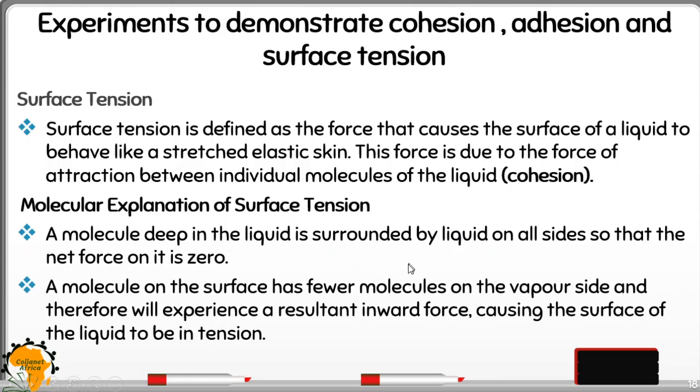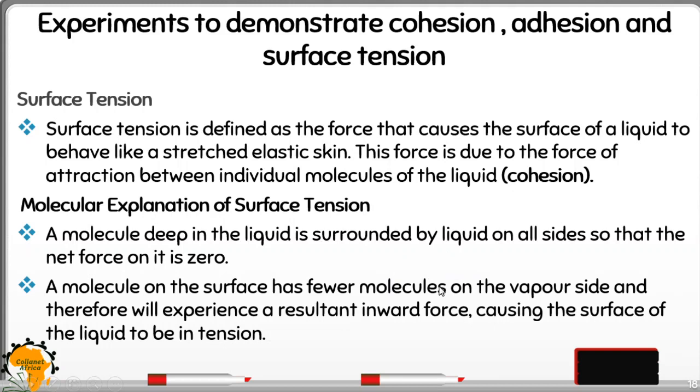So the force of attraction between you and the other students is cancelled. The same case, you have a molecule that is at the middle of the beaker. It is deep in the liquid. It is surrounded by other molecules. So the force of attraction between that molecule and other molecules is zero.